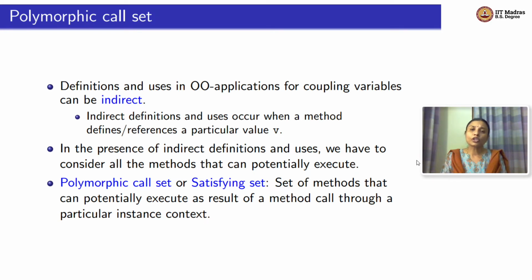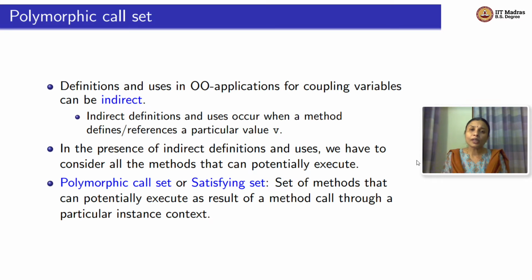So definitions and uses in object-oriented applications for coupling variables can be indirect. We don't know which method will define it, will use it. So we say indirect definitions and uses occur when some method defines or uses or references a particular value v.